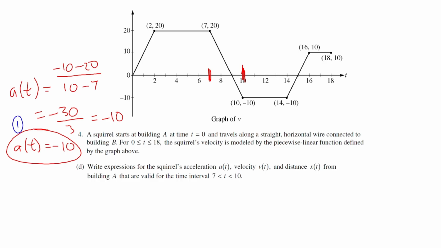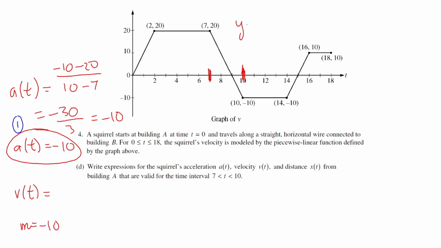And then to find an expression for v of t, right? V of t is just going to be the equation of that line, right? So v of t, well, we know it has a slope of negative 10. And we can then find the equation of that line just by doing point slope form.